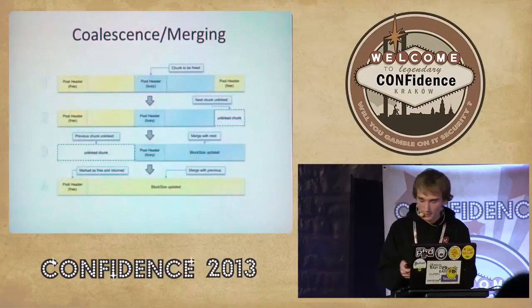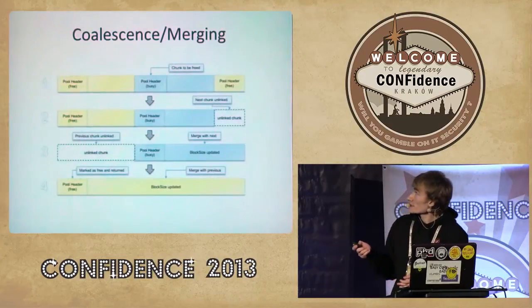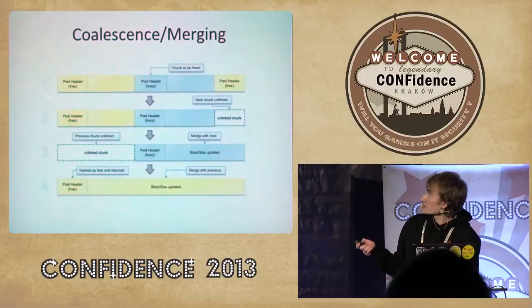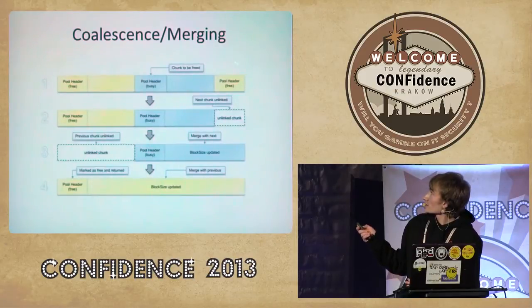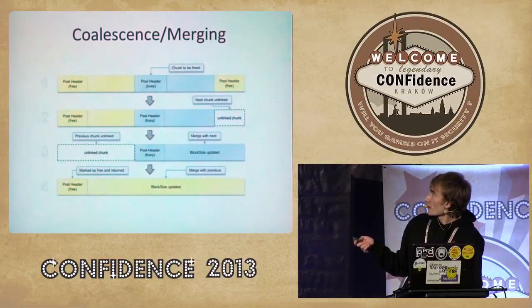So, for example, if we have such a situation, this chunk is free, this also free, and there is a busy chunk. When you free this chunk, the allocator first of all merges to the previous and next to the following and to the previous. So in the end, you'll get one big free chunk.